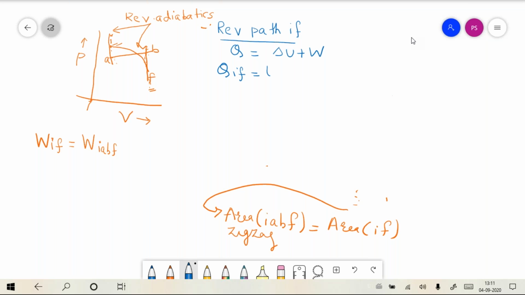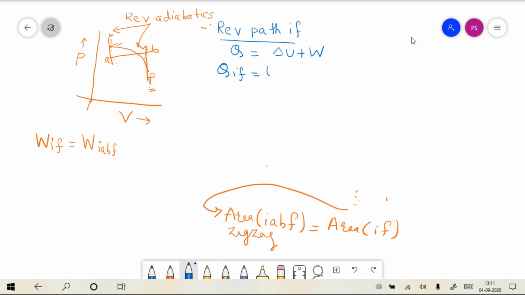Applying this, you will get Q of IABF is equal to the change in internal energy between the end states. What is the final internal energy?